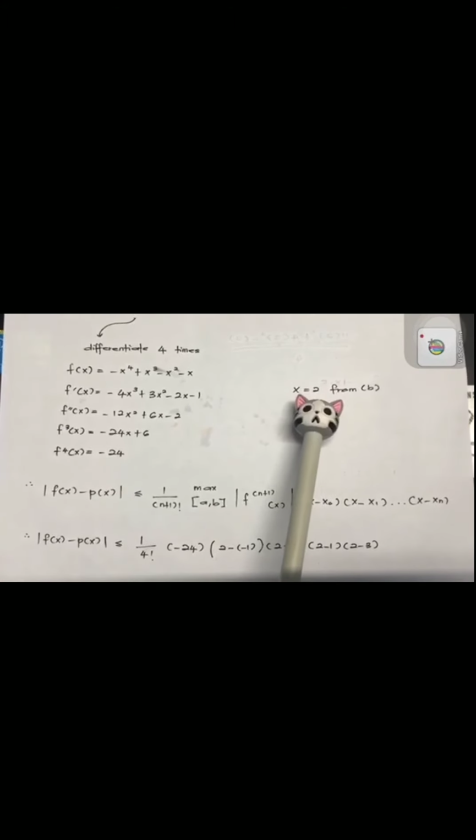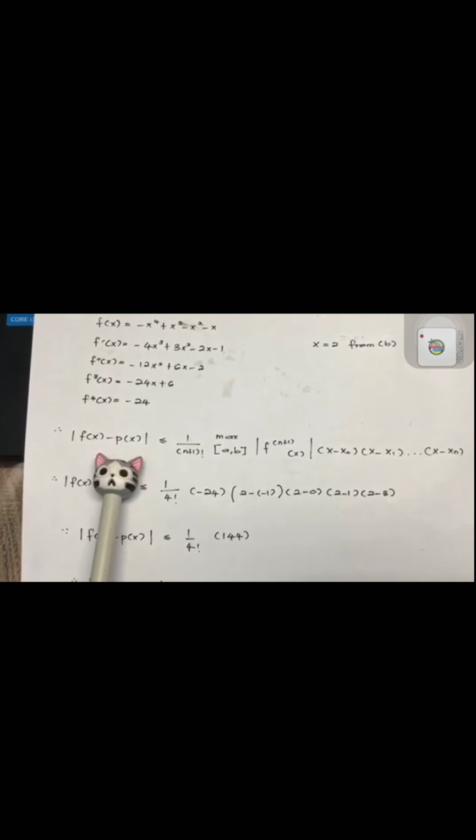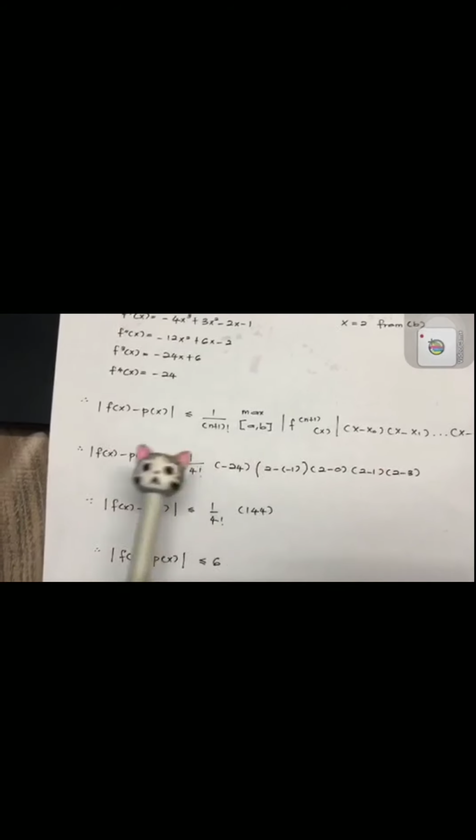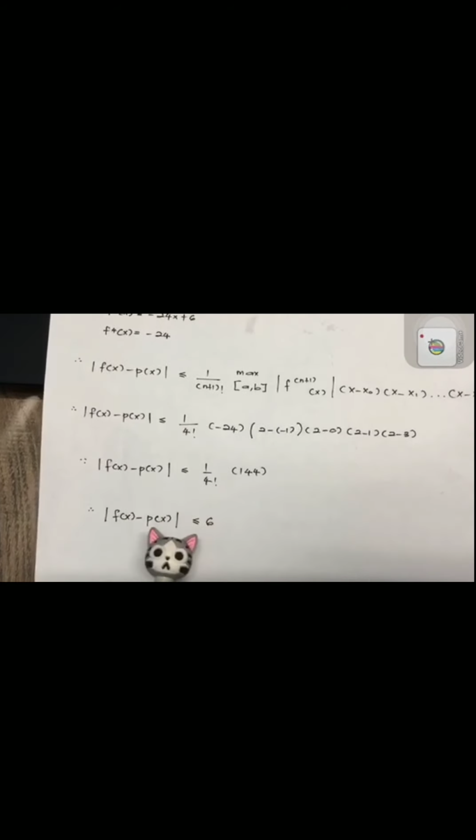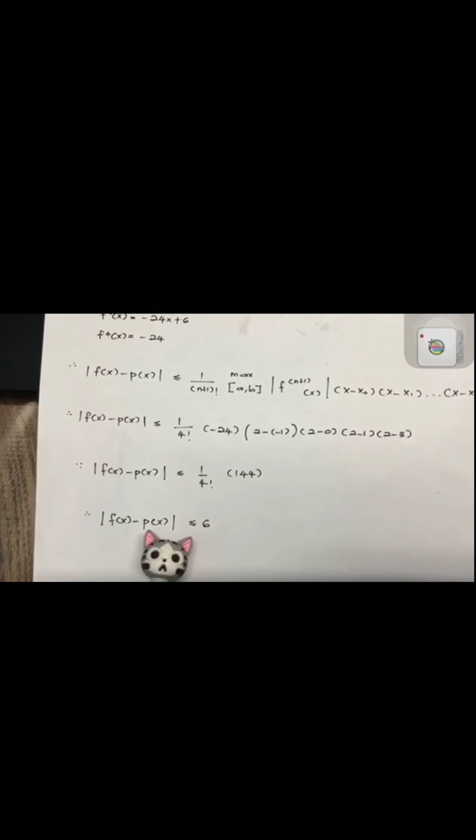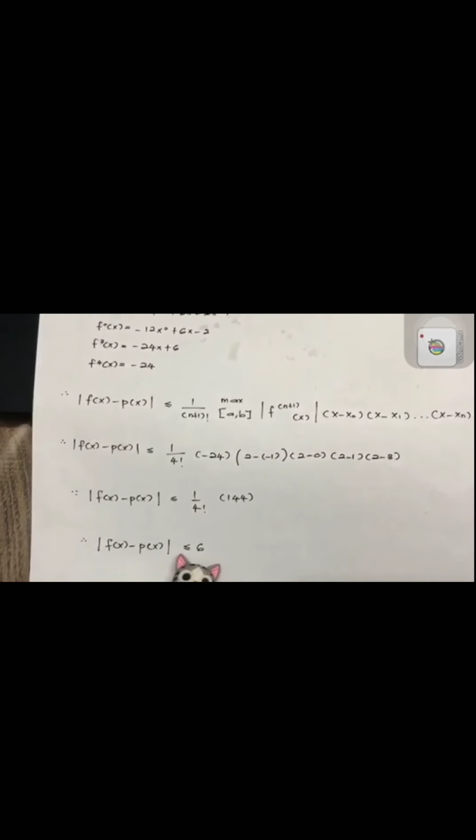So we know that we can take the x value from B, which is equal to 2. We substitute into the formula and then we calculate. The final answer is the modulus of f(x) minus p(x) is less than or equal to 6. Thank you.